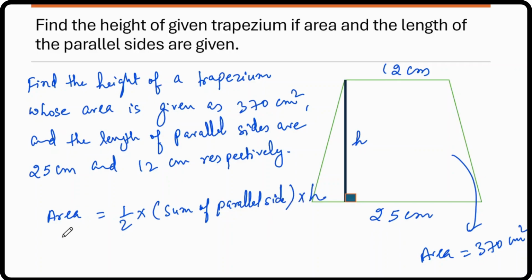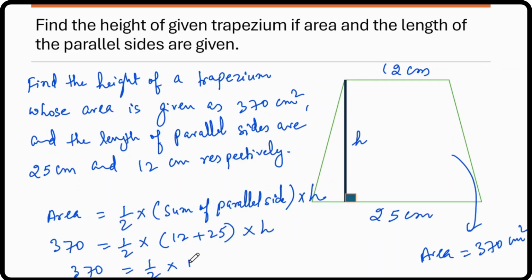So 370 equals 1 by 2 into 12 plus 25 into h. So 370 equals 1 by 2 into 37 into h. The 37 cancels 10 times, so h is equal to 20 centimeter. So we have found the height as 20 centimeter.